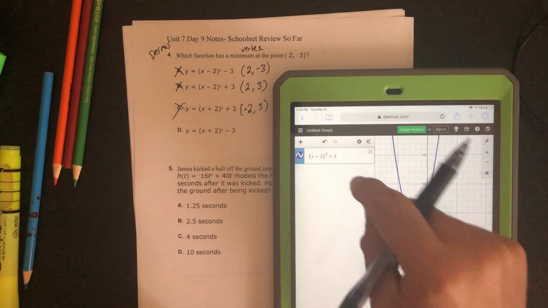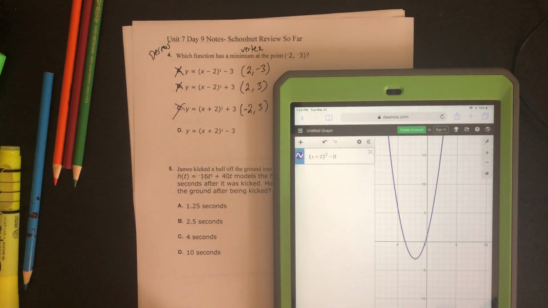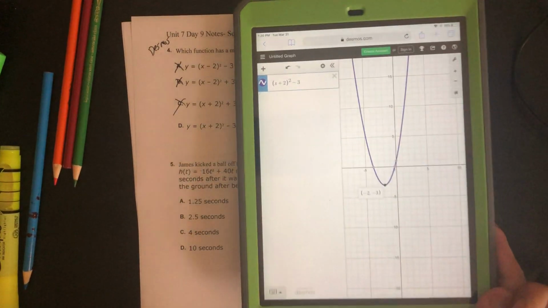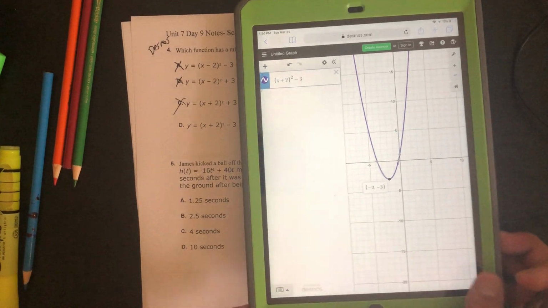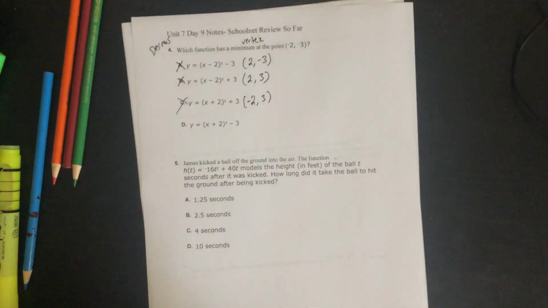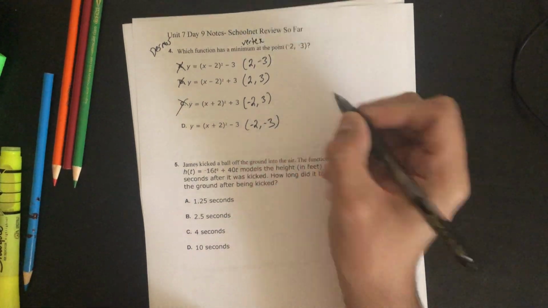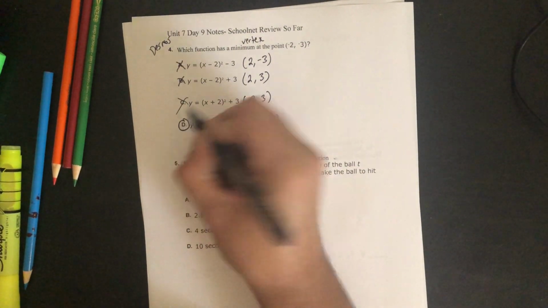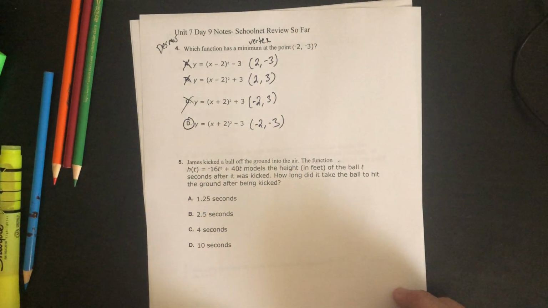But let's double check that the answer has to be D. And there you go. The vertex is -2, -3 for answer choice D. So answer choice D is the equation that has a vertex at that point.